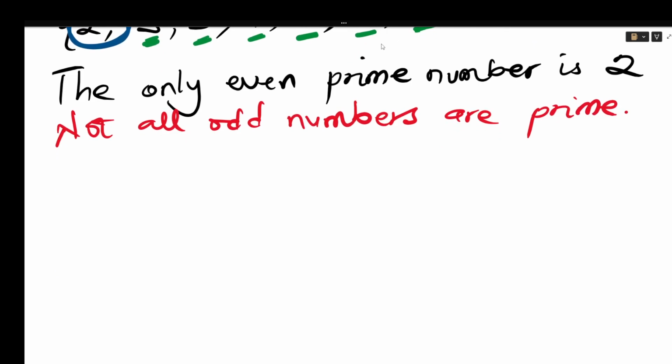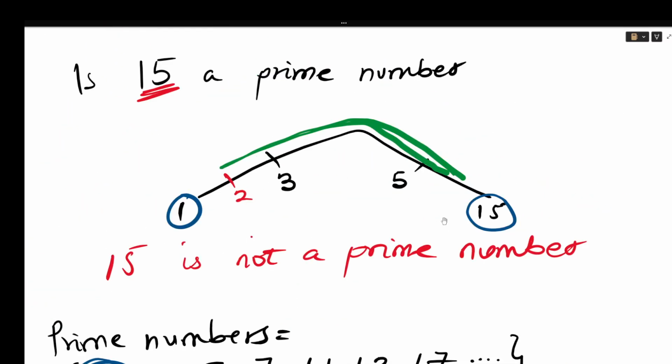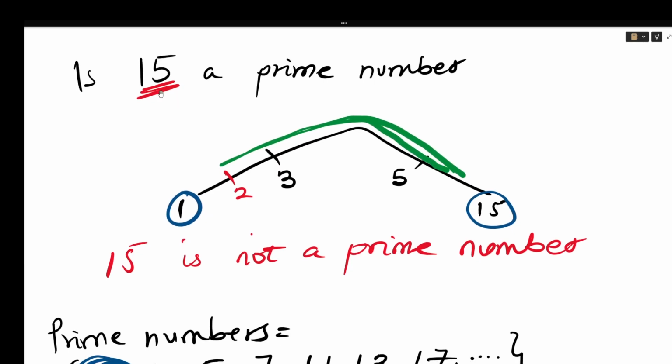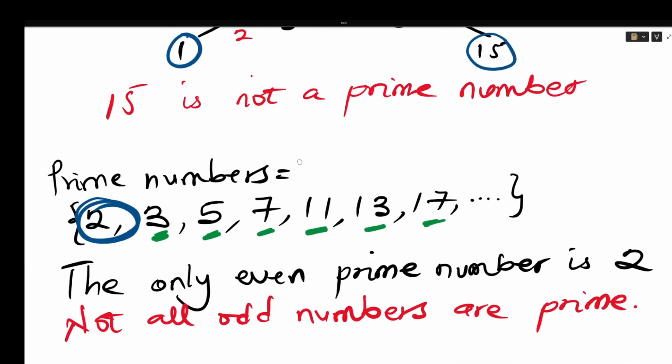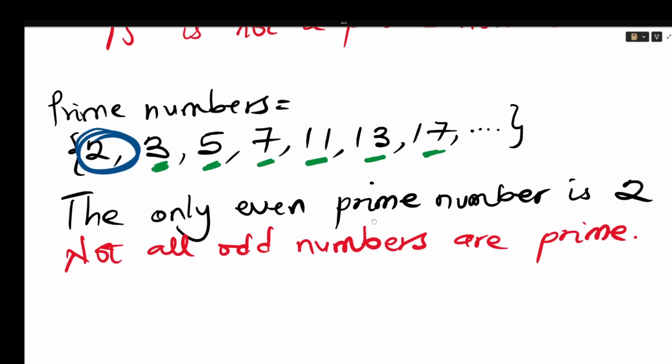We tested with 15 and we saw that 15 had more than 2 factors. And as we know, 15 is an odd number. So although 15 is an odd number, it can't be a prime number.